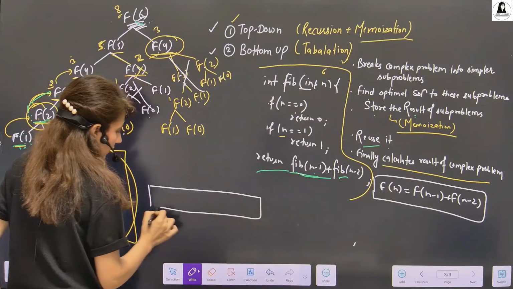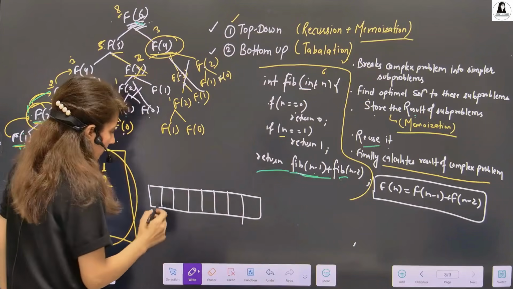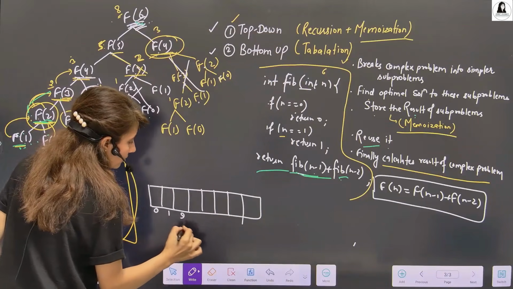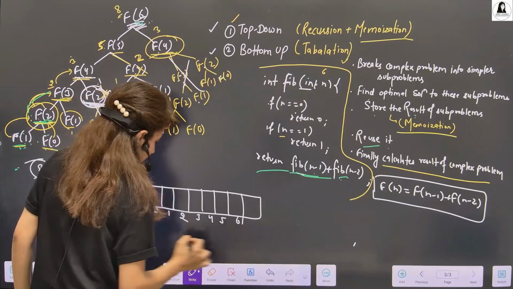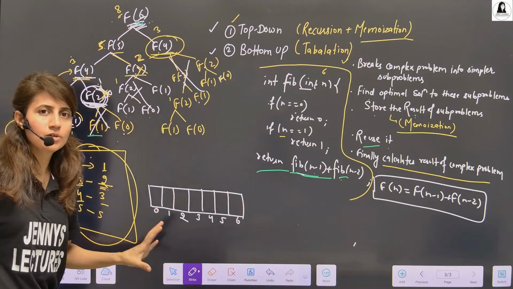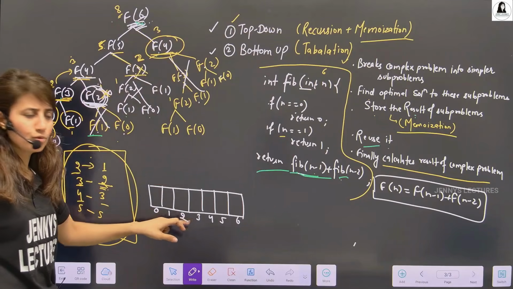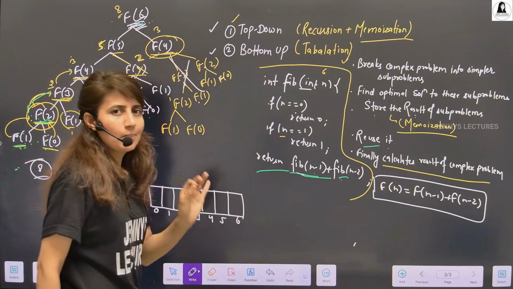Whatever the n size, sorry, n plus 1 size, so that the index can be 3, 4, 5, 6. Because we need to store the calculated value for everything. So it's 0 to 6. N is also 6. So the total size will be n plus 1, that is 7.